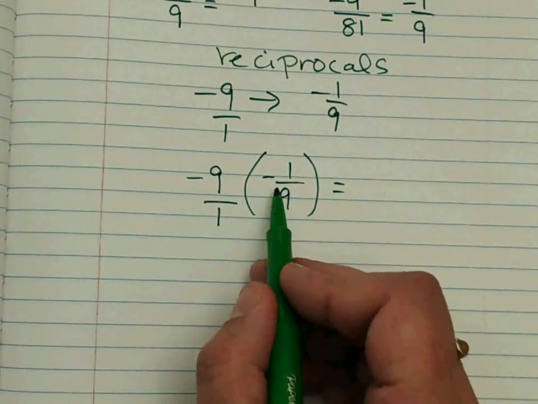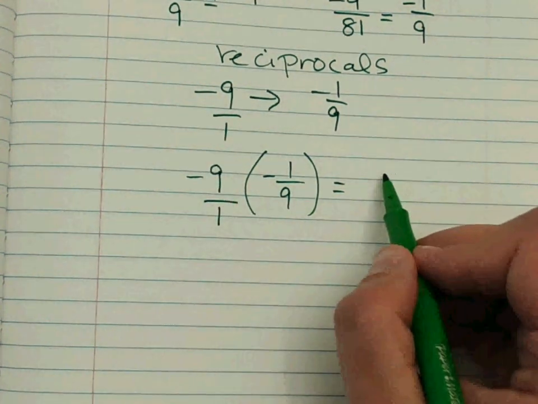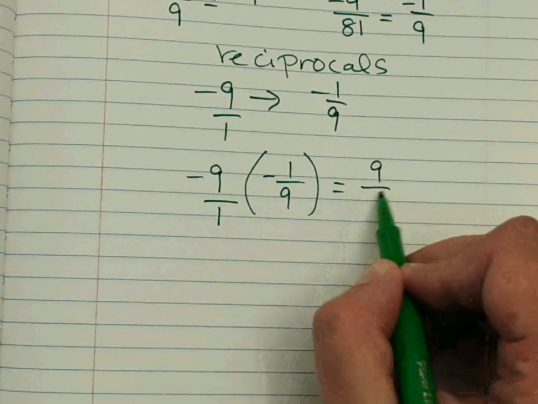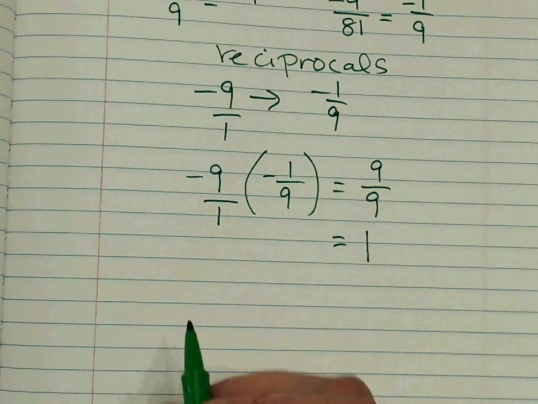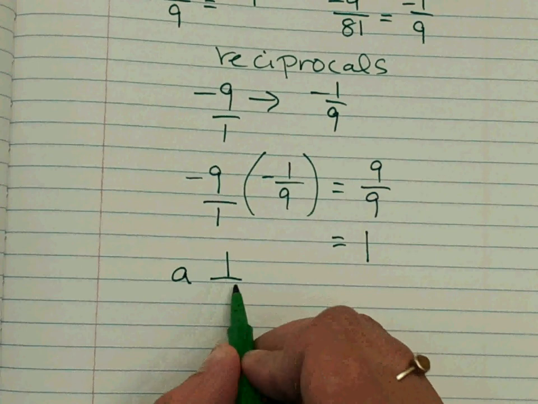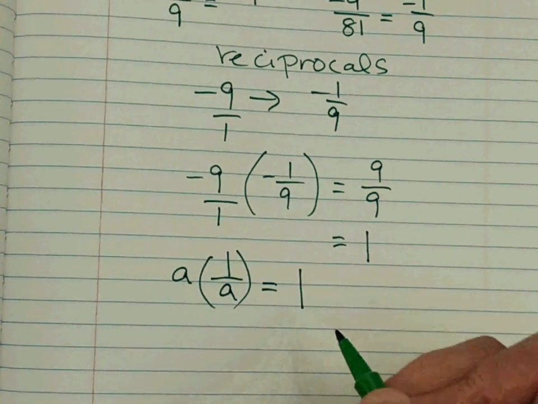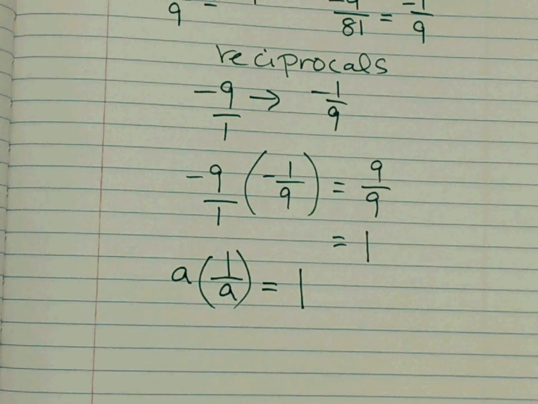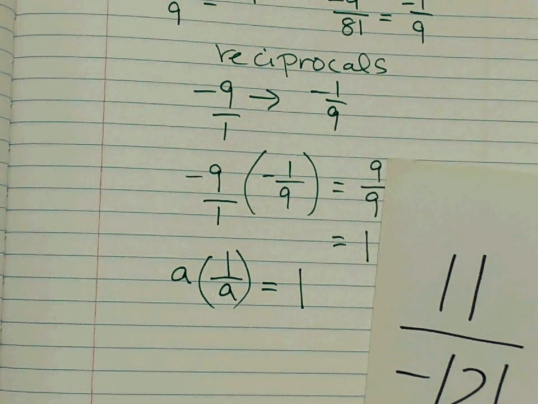Right, negative times a negative is a positive. So we have a positive. This is going to be 9/9, which is 1. Anytime you multiply a number by its reciprocal, you're always going to get 1. That's going to be on the activity that you work on. So similar to the idea of this problem.